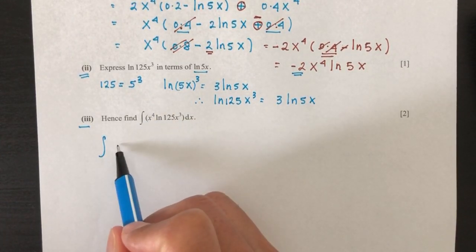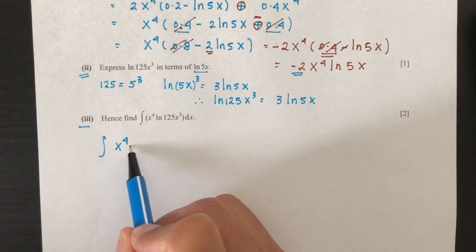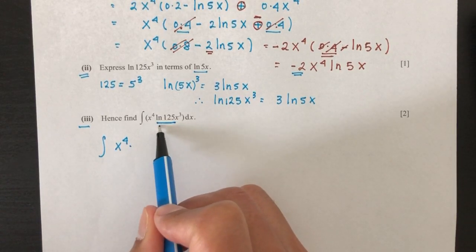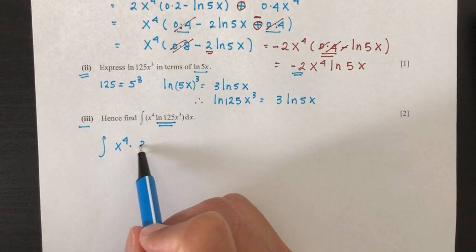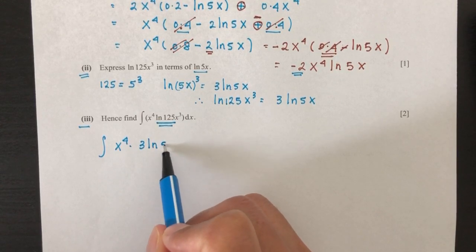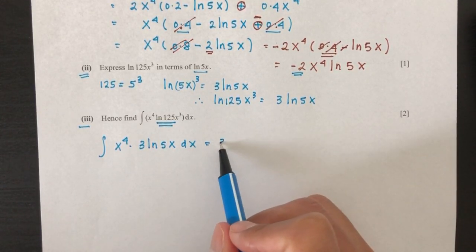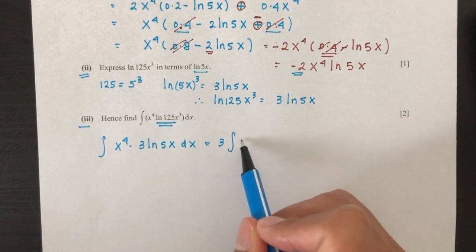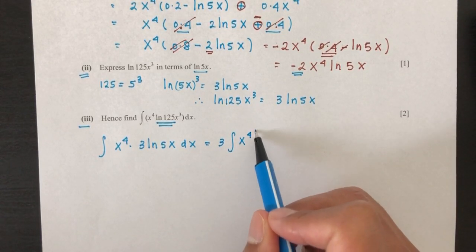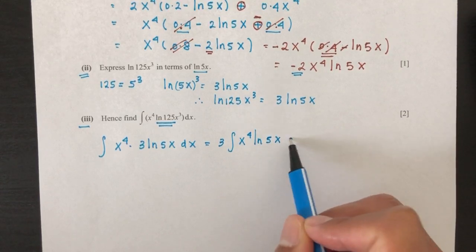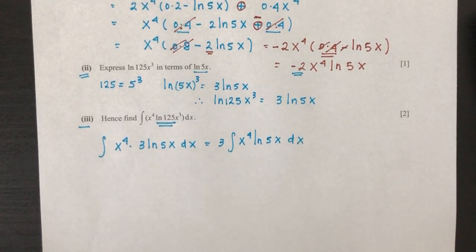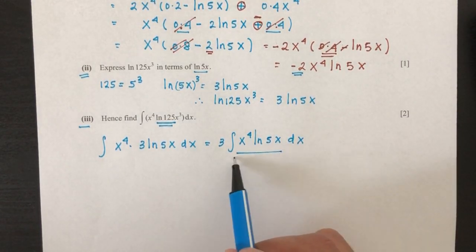Okay, now hence we have to find this integration. We have shown that this is equal to this, so replace, you have 3 ln 5x dx, which is equal to, 3 is outside, you will have this ln 5x dx. Okay, so how do you integrate this?